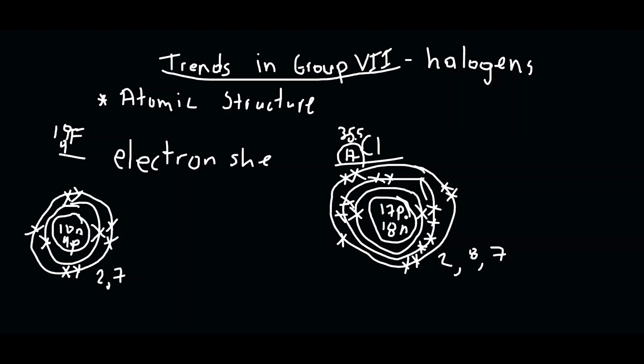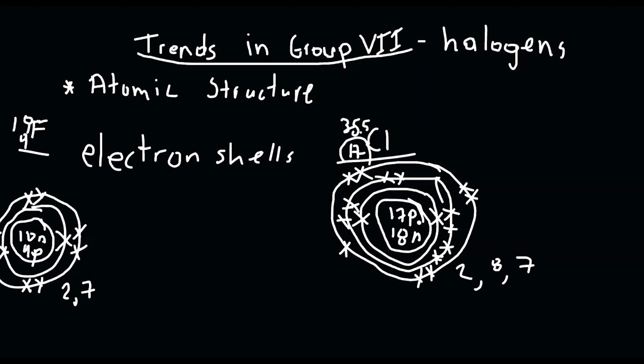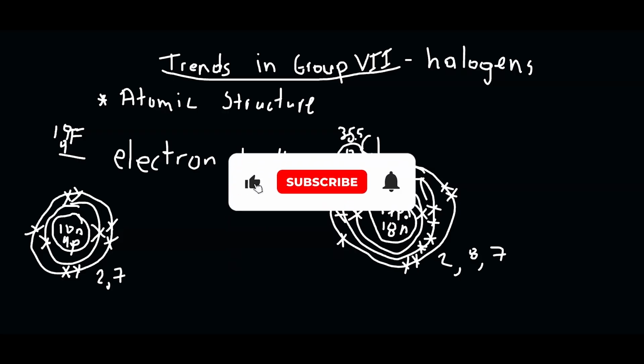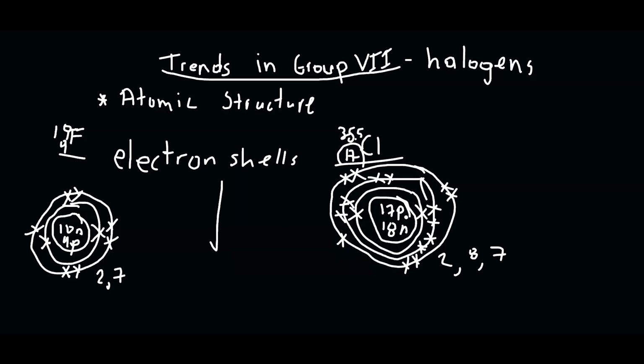They increase. Good. There's one extra electron shell added as you go down the group, similarly to group 2. Electron shells increase down the group as well.